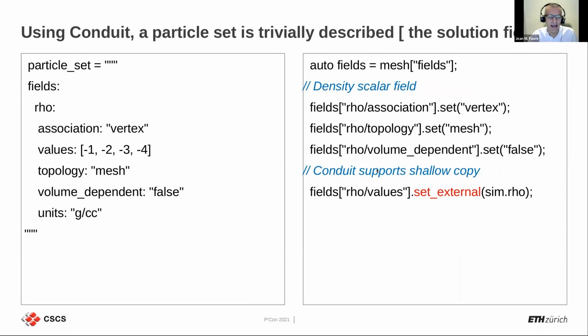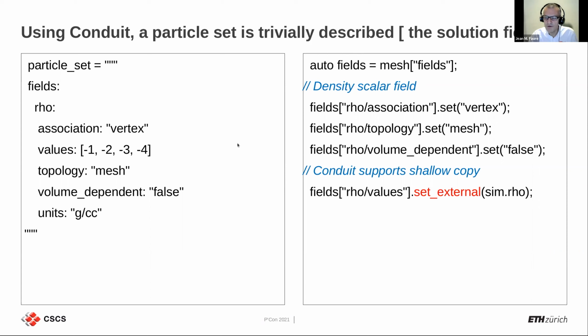And then finally, I add the different solution fields, the different scalar and vector fields associated with my solution. So for my toy data set, I would have under the fields keyword the name of my variable. The association would be vertex, and the values would be, for the toy example, -1, -2, -3, -4.